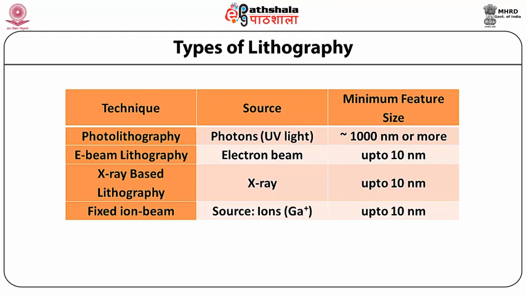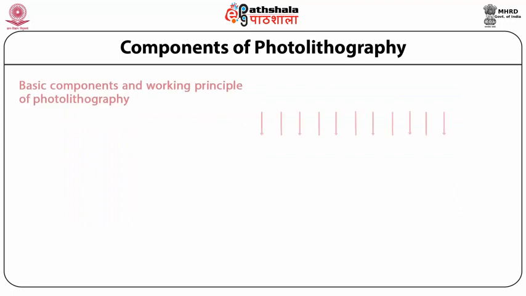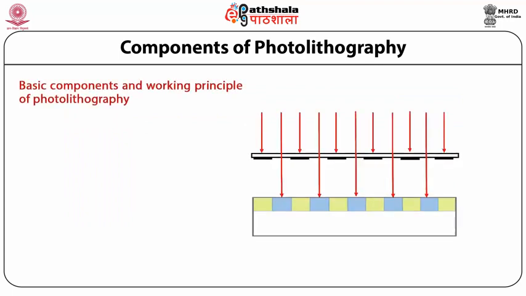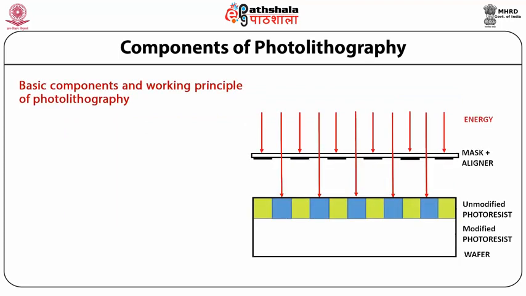In X-ray based lithography, the source is X-ray, and we can go up to 10 nanometers of feature sizes. And finally, in the focused ion beam technique, the sources are gallium ions, and here also we can go up to 10 nanometers.